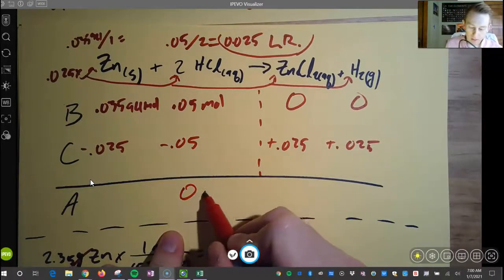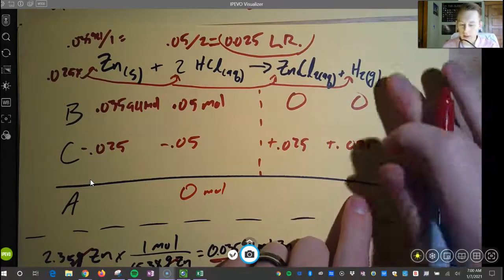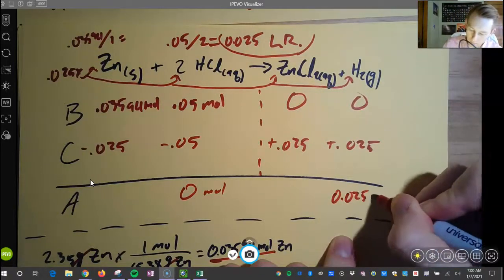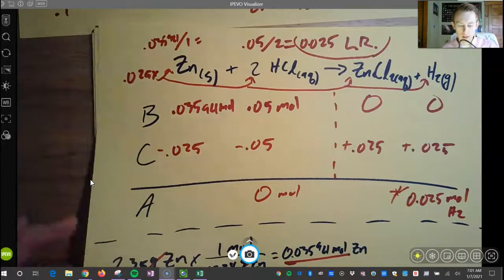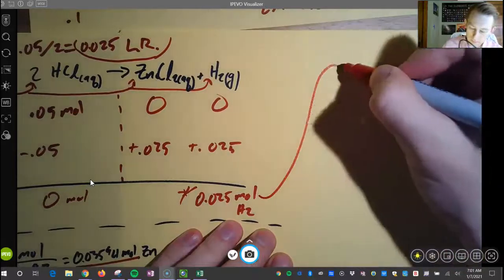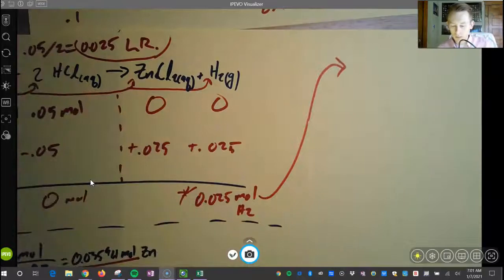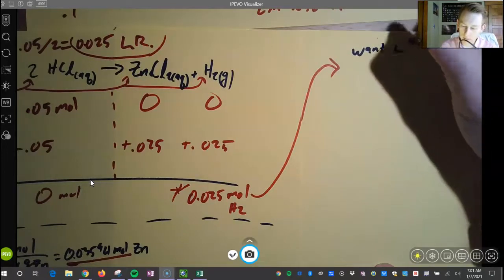This one's easy though, I get 0 moles of the limiting reactant back, and really all that we care about is the hydrogen gas, so I'm going to put this. Okay, so this is the part that we actually care about, because remember, we want to find how many liters of H2 there are. I'm running out of room here, so I'm just going to make a little bit more space. So now we want liters.